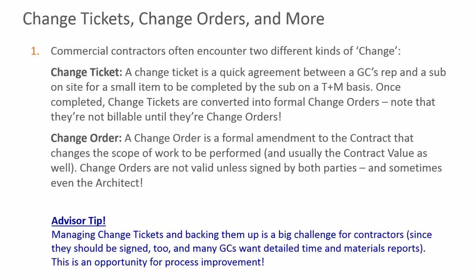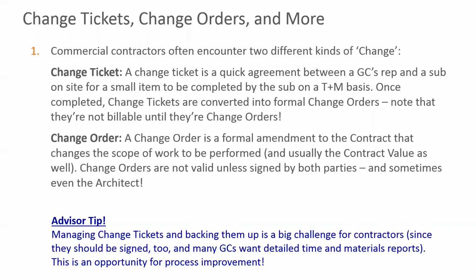Now, it's important that that be signed. So you need some sort of agreement that work is specified and that you need to get it done. But what happens is that it doesn't actually get billed strictly on a time and materials basis on a standard invoice. What happens is that change ticket is performed, and then an actual formal change order is issued. Usually the subcontractor will send up their change order saying, look, this took us 5 hours, say $90 an hour from our guys.